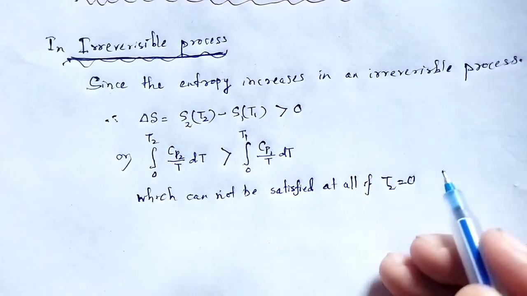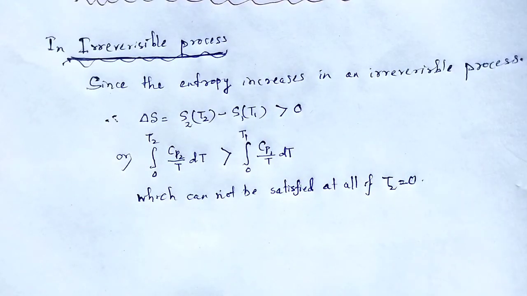When T2 is equal to 0, it cannot be satisfied.